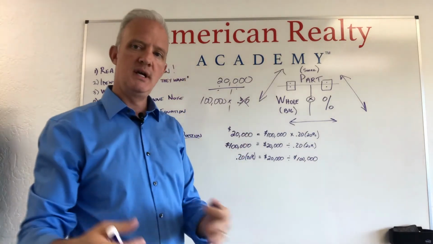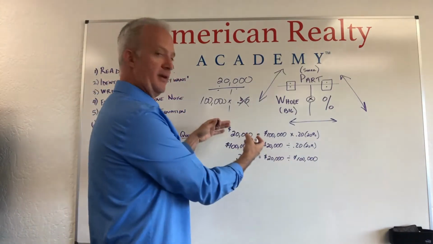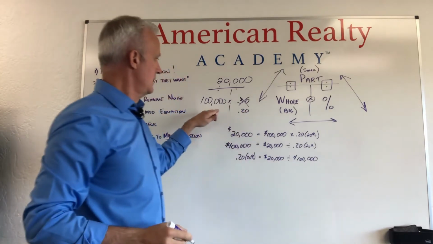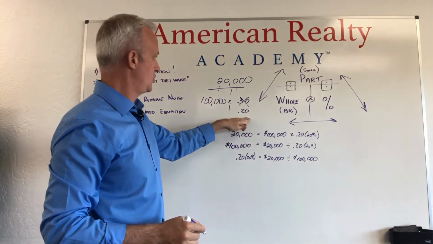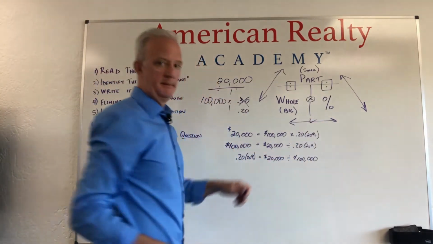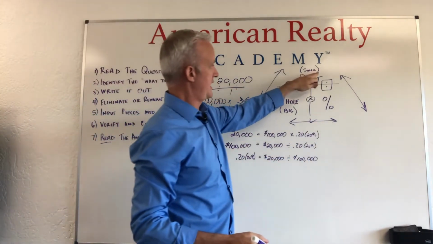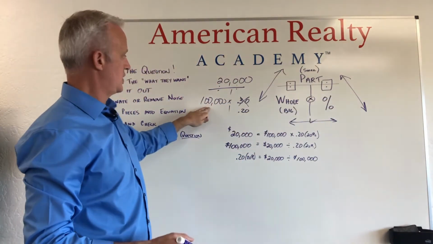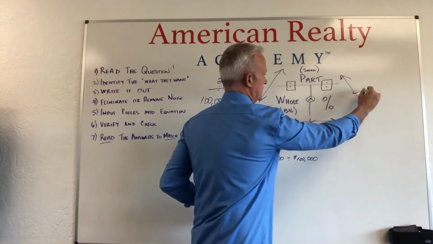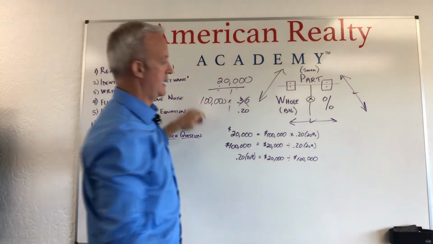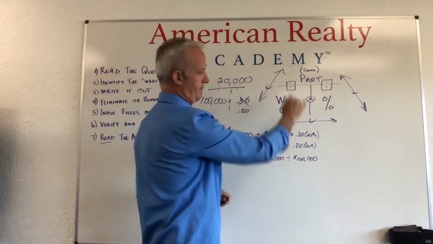All I want you to do is take the answers and plug them into the equation until you get to answer D. And 100,000 times 0.20 is 20,000. Oh wait, this works. Do it backwards. 20,000 divided by 0.20 equals 100,000. Oh wait, that works. And then lastly, 20,000 divided by 100,000 gives me 0.20.